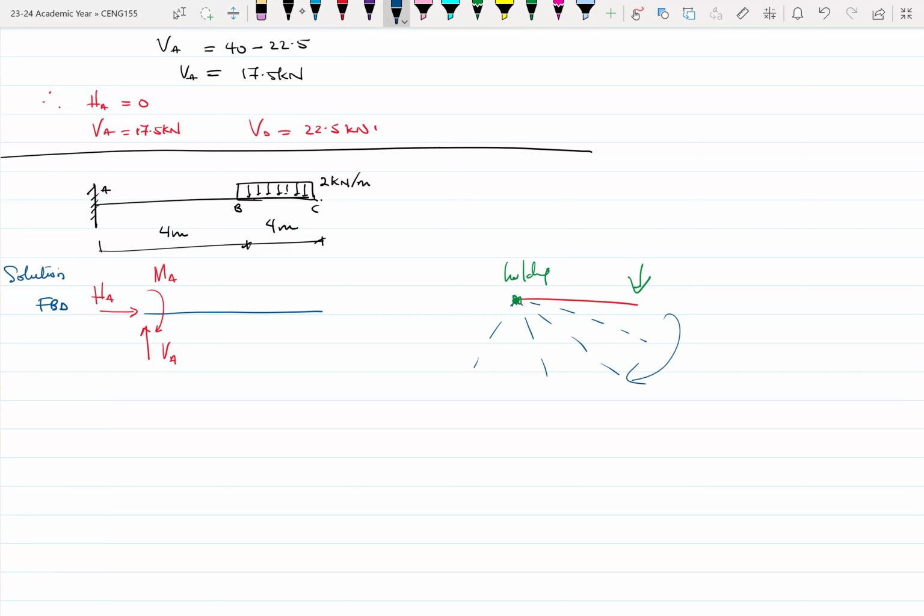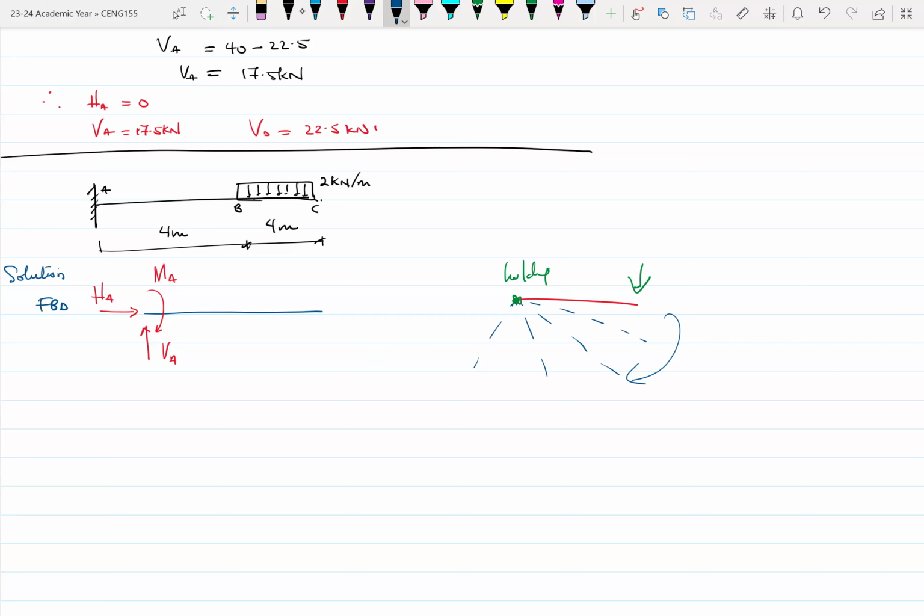So we place the support in there to prevent any of these movements. A fixed support will prevent all three types of movements: no sideways, no up and down, and no rotation. Once it prevents these three movements, it needs to provide a reaction.